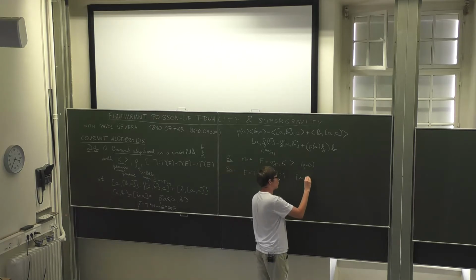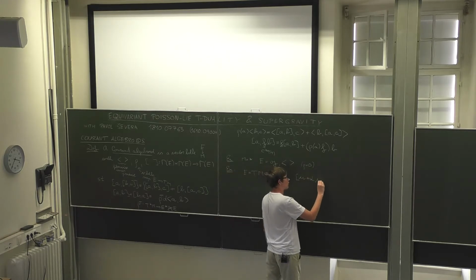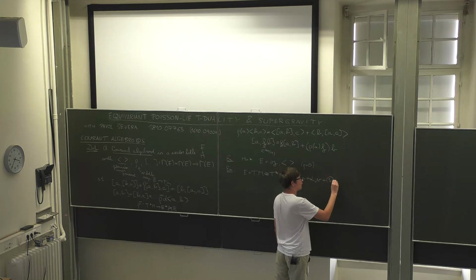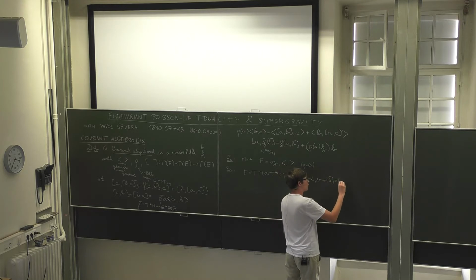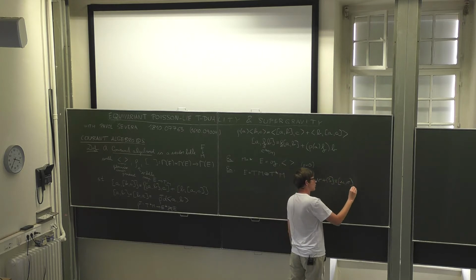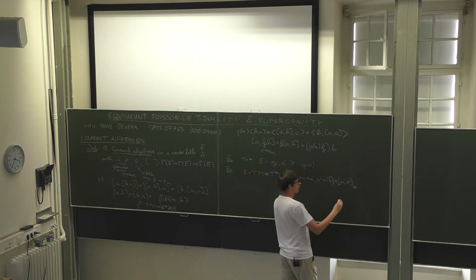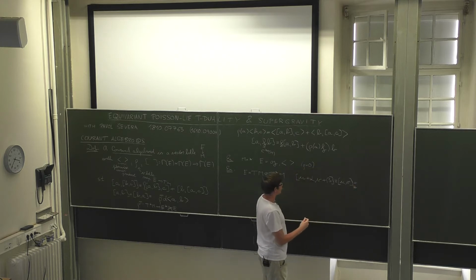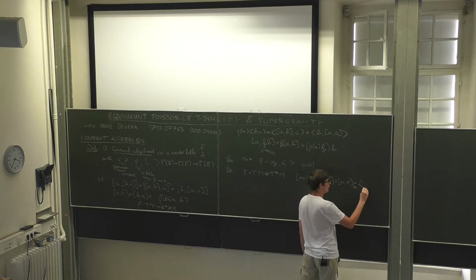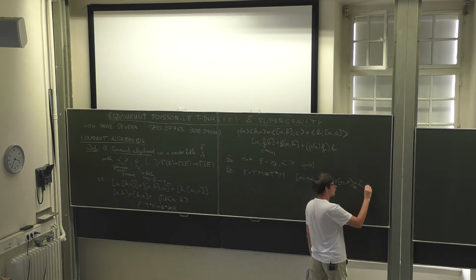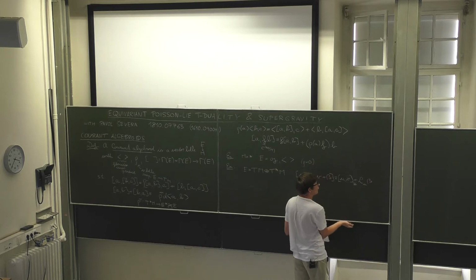So let's take U and alpha, and V and beta, and the bracket here is given by just the usual Lie bracket of vector fields plus the Lie derivative with respect to U of the one-form beta.